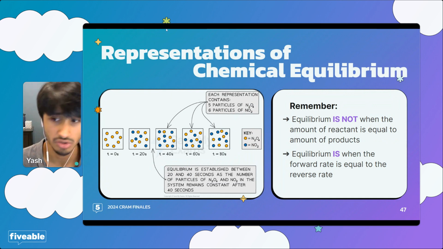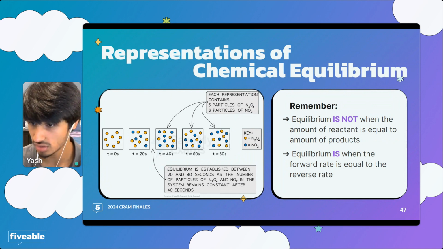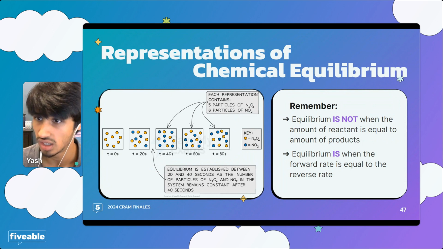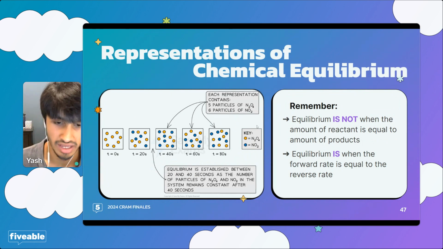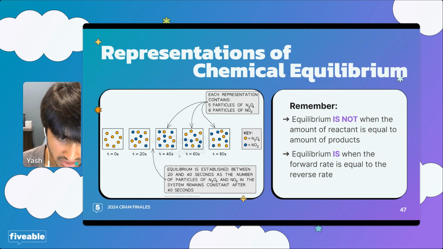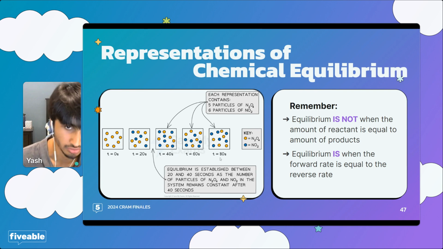Going back to our definition, equilibrium is established whenever we have concentrations that remain constant. If we count it up, T equals 40 seconds, T equals 60 seconds, and T equals 80 seconds all have the same concentrations of both N2O4 and NO2. Namely, 5 particles of N2O4 and 6 particles of NO2.